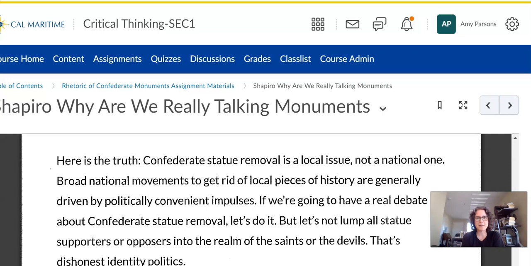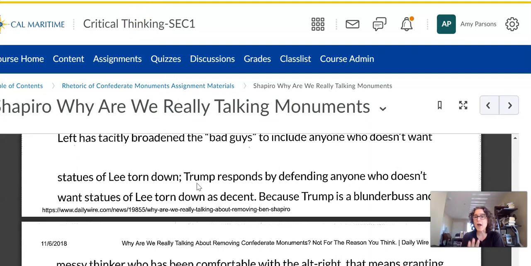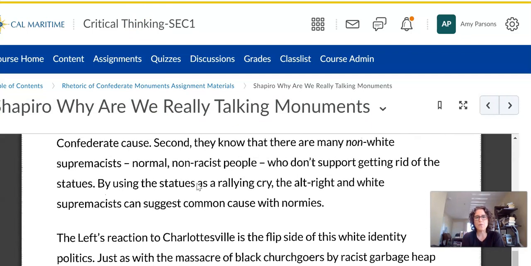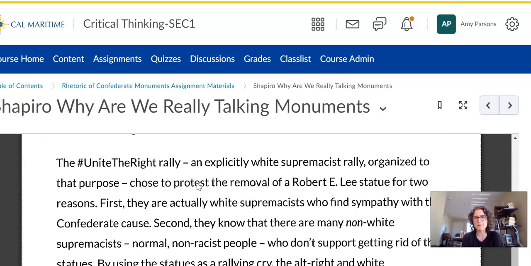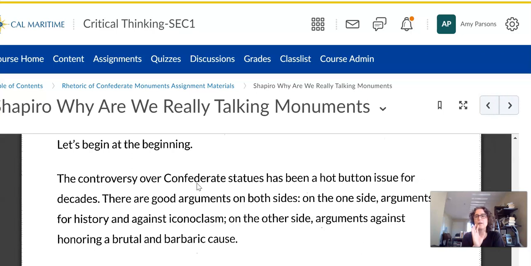Shapiro does this interesting thing where he points out something that the other articles have not, which is not so much what we should do about these monuments, but how we should be careful in the way we look at the debates over the monument. And he makes this really great point.